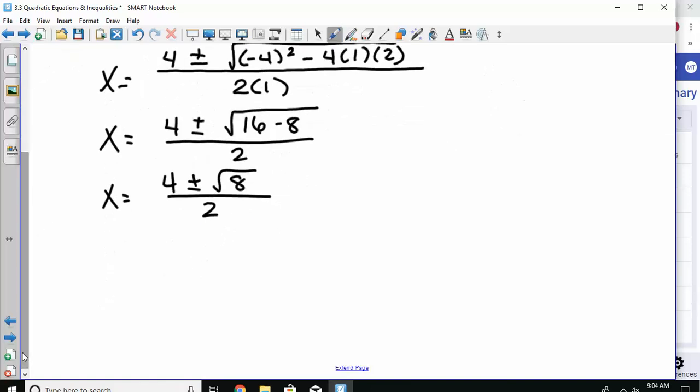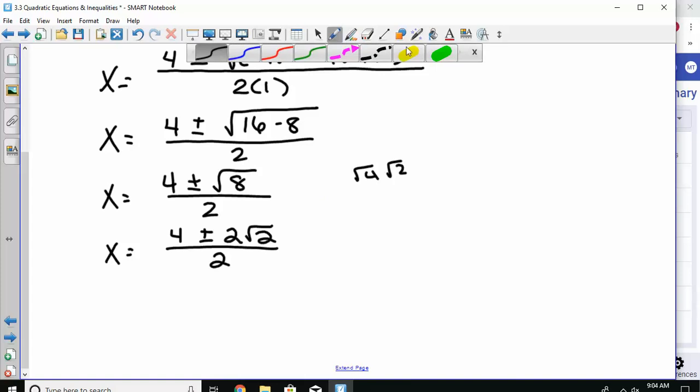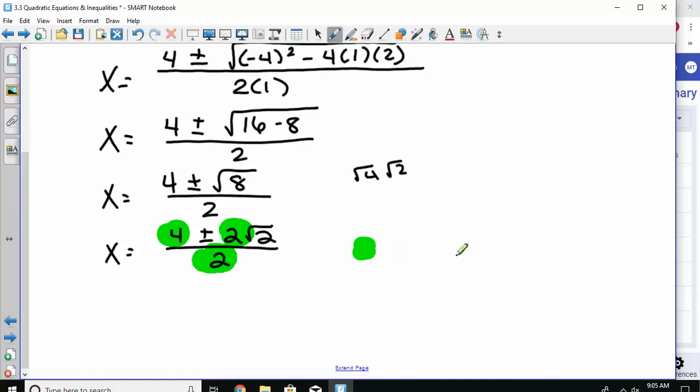Am I done? No. What could I do? First let's break down the radical, and then we'll take out our 2. 8 breaks into a 4 and a 2. The square root of 4 is 2. And now, I have 2 terms on top, but they are both divisible by 2. So we can simplify that.